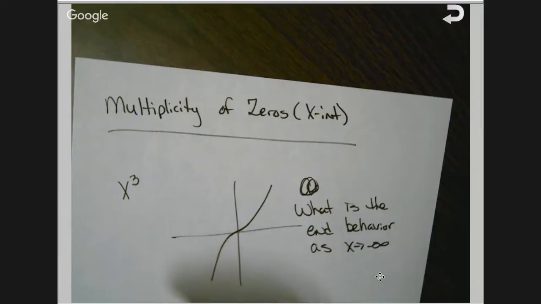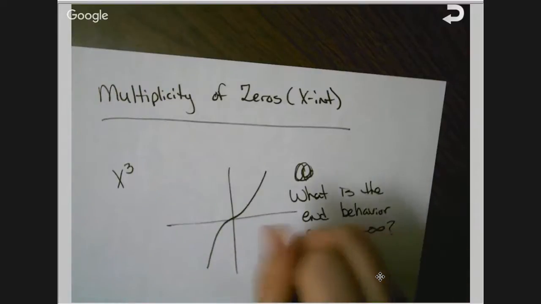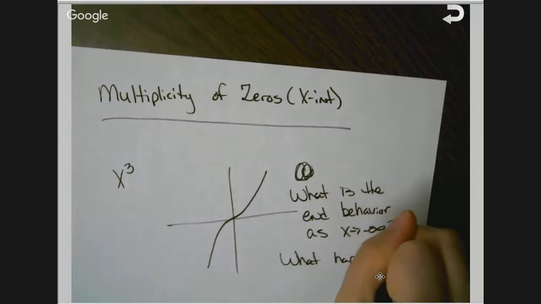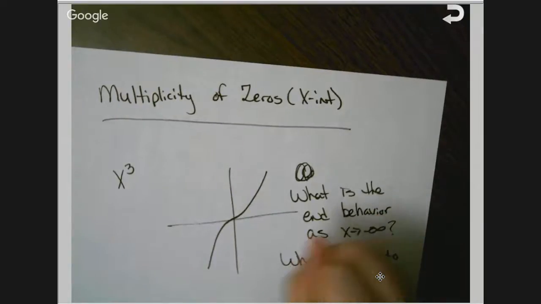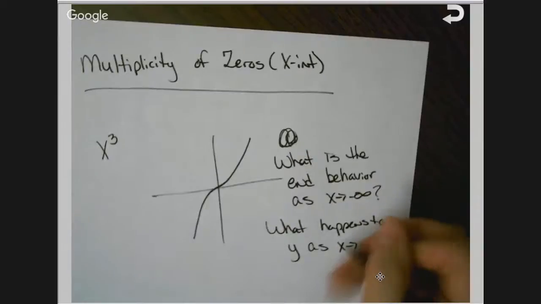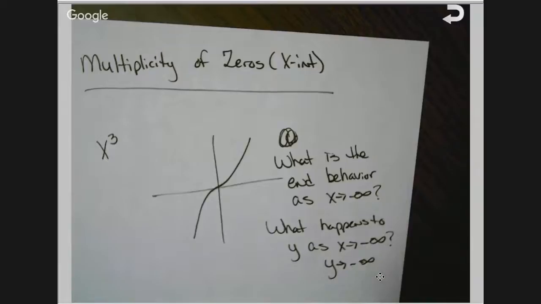They may even say a little bit more specifically, what happens to y as x approaches negative infinity? And the answer to that would probably be written as y also approaches negative infinity, which means y is going down. Are there any questions about that?